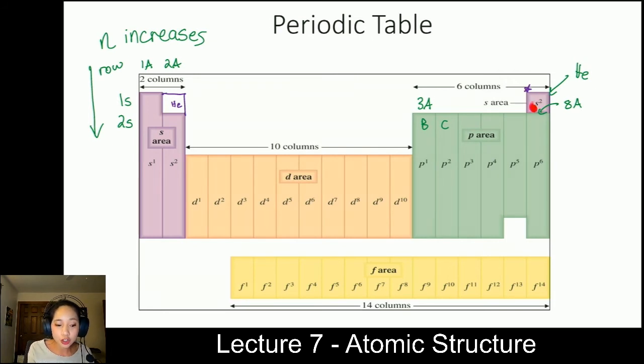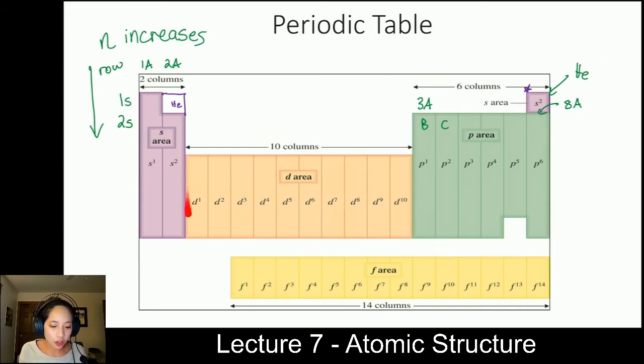That block should be over here, but typically we write helium over here with the other noble gases, so just keep that in mind. But all the other elements within this block, besides helium, are our P block. Just keep that in mind as you're filling electrons going through this area. Each element corresponds to adding one additional electron to our count. So there's our P block.